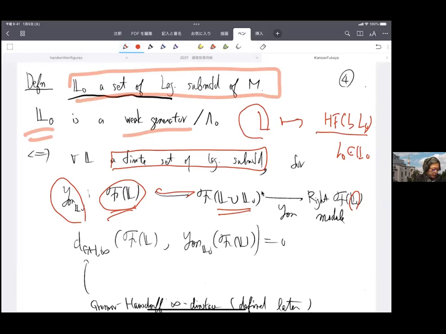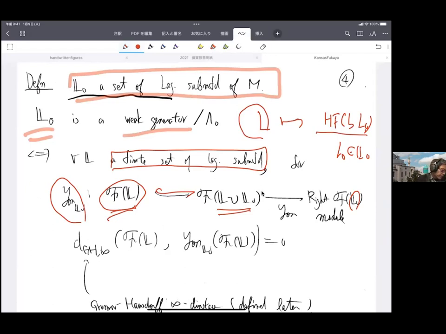And if this embedding is faithful enough, then this set is called a generator. So I mean, you just consider usual abelian categories. If you have an abelian category and you have some objects, and you have similar functors, and if this functor is a faithful functor, we can regard that this set is a generator. So this is a kind of analog of that notion in A-infinity category.